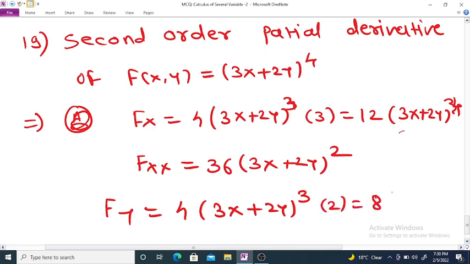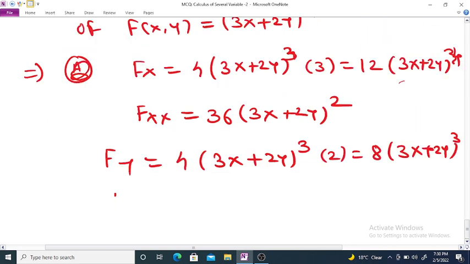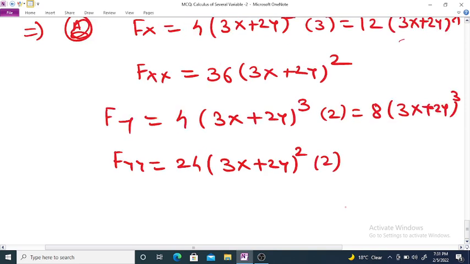So this is 8 times (3x plus 2y) raised to 3, and f of yy is equal to 8 times 3, that is 24, (3x plus 2y) raised to 2, into again the derivative, which is 2. So this is equal to 48 times (3x plus 2y) raised to 2.